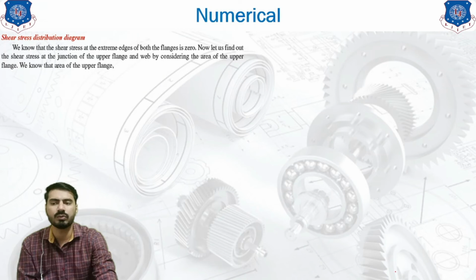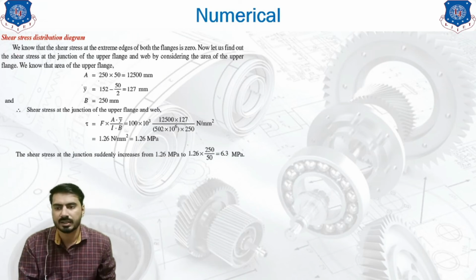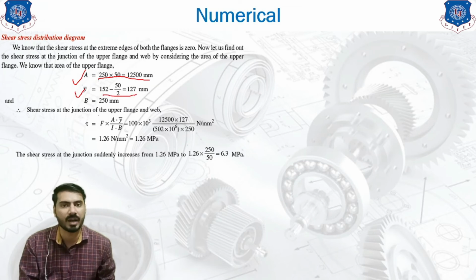Now we will move forward for the calculation of the shear stress. As you can see, the shear stress can be calculated using the area and a Y bar value. So area above the neutral axis is 250 into 50, and Y bar can be calculated by 152 minus 50 by 2.